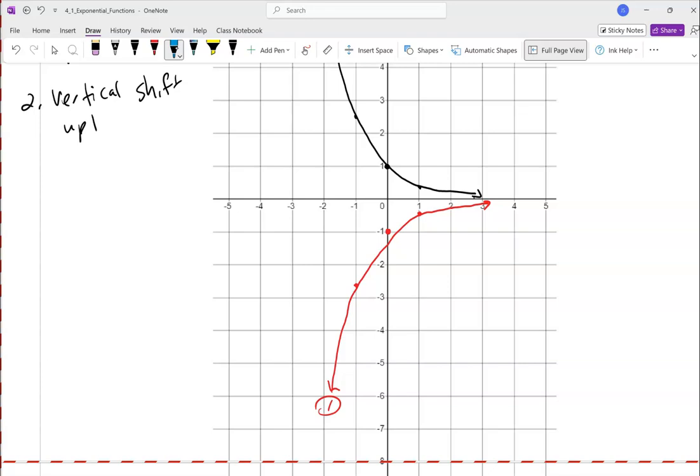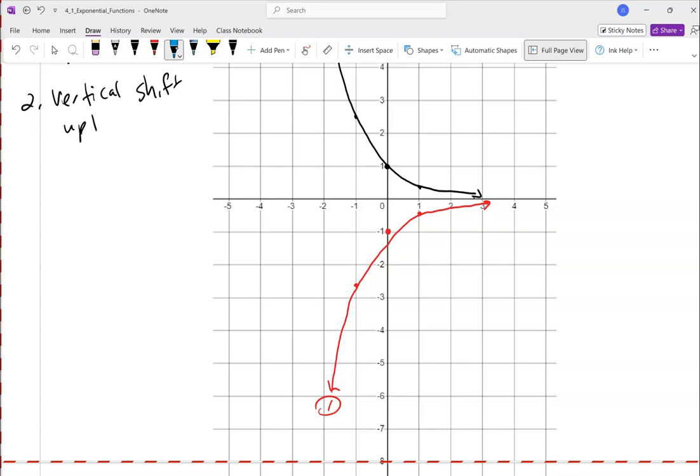Did that change your horizontal asymptote at all? No, it didn't change it at all, right? If I shift this graph left or right, does that change your horizontal asymptote at all? No. Okay. However, the last step here is to shift it up 1. Does that change your horizontal asymptote? Yes. Everything gets moved up 1, right?